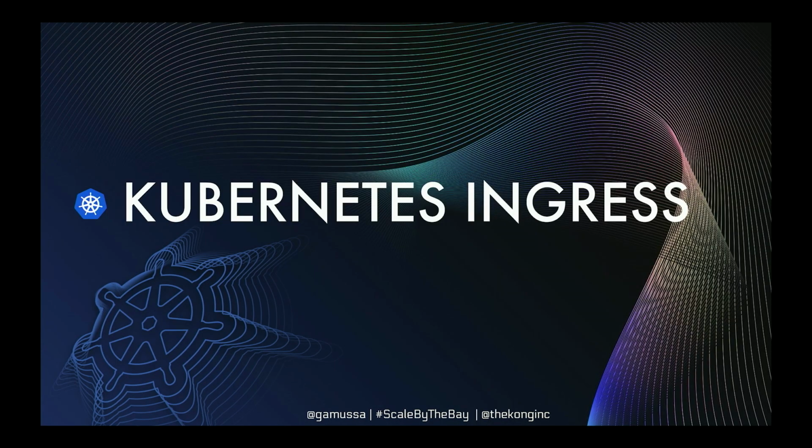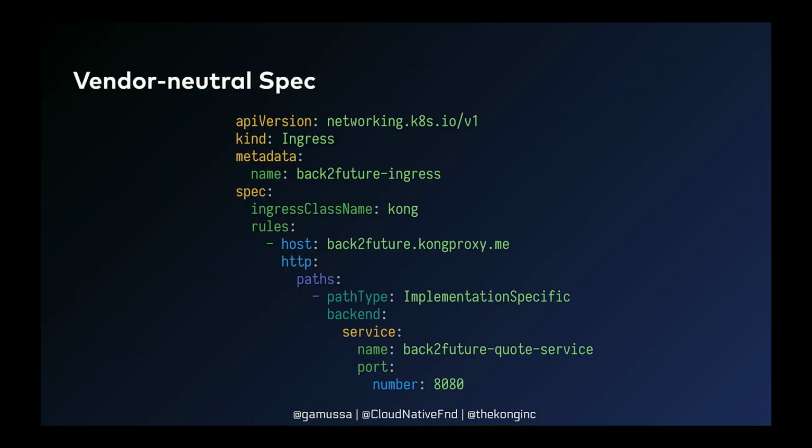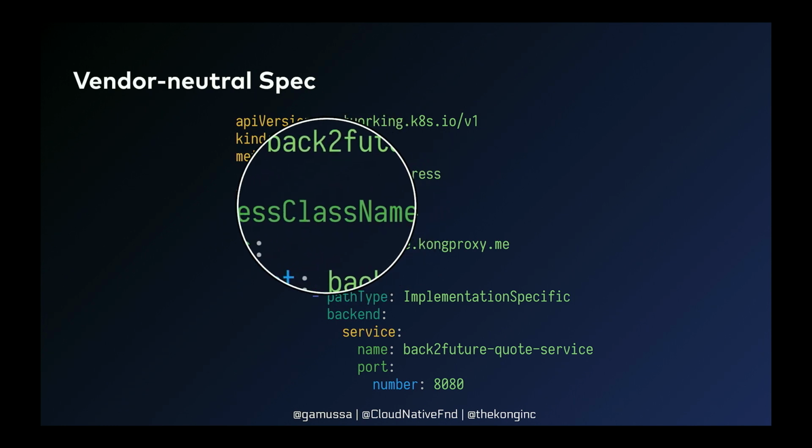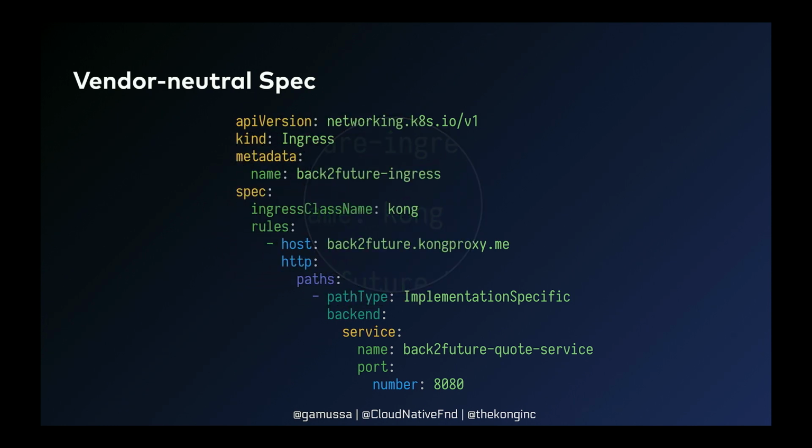Kubernetes Ingress is a vendor-neutral specification that runs inside a Kubernetes cluster, and it really depends on one particular thing, what we call an Ingress class. The Ingress class name is something that will distinguish this Ingress from others. If you're using stock Kubernetes, you're probably running something called the Nginx Ingress controller. That is considered the default, but it doesn't necessarily need to be the default.